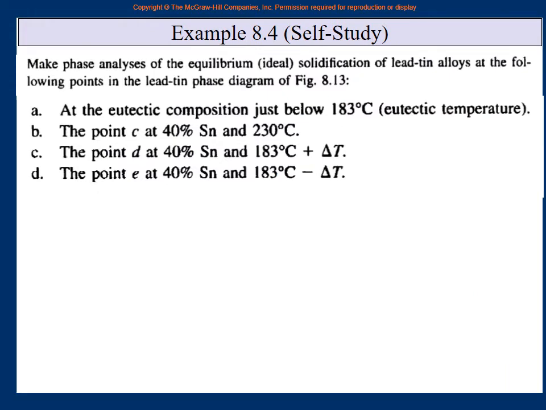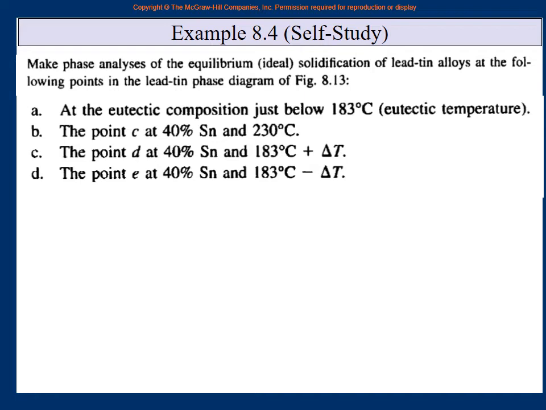Now, I have written self-study there, but I will still go through it, because initially when I was planning, I thought you could do it, but I will go through it quickly with you. The question is that you have a lead tin alloy system.